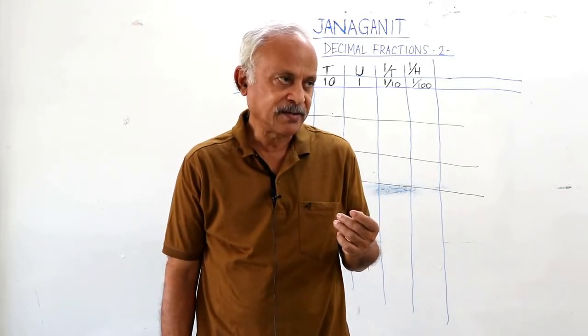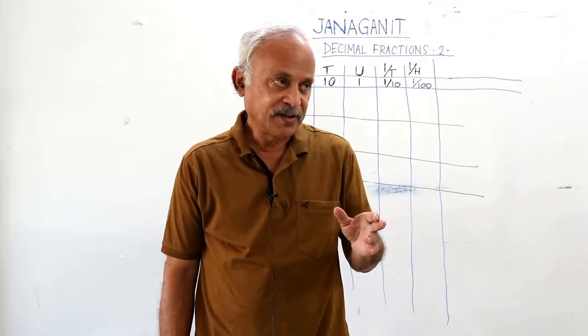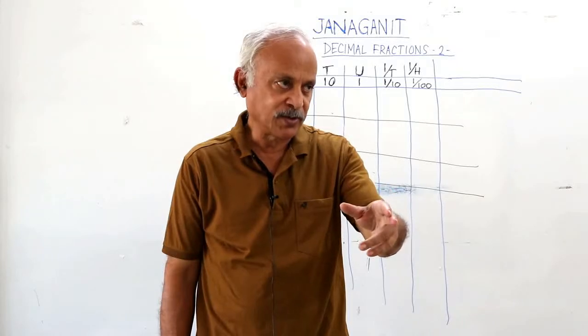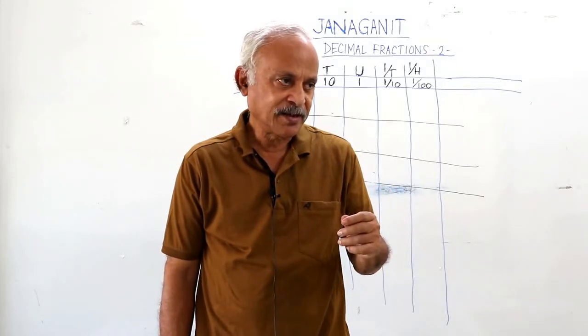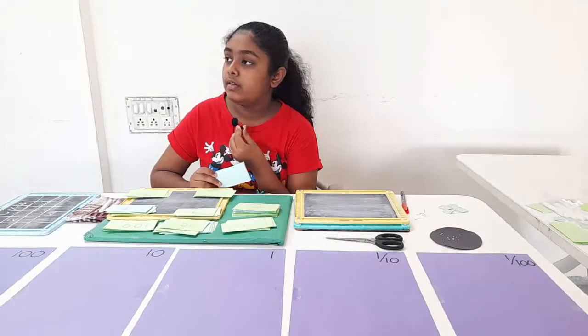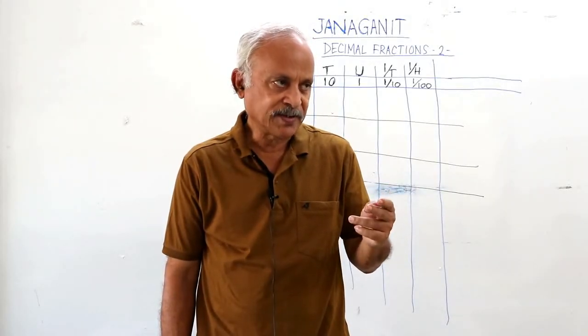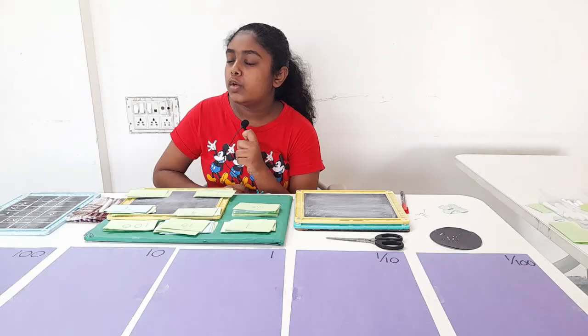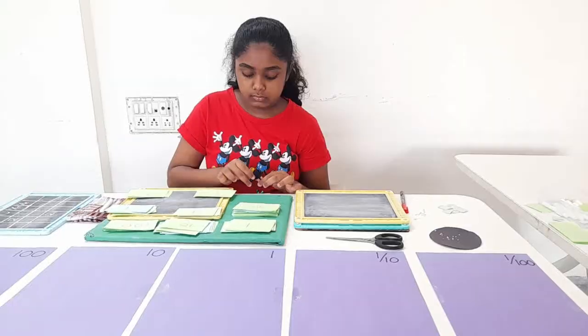So each one will get half. But I want to make half with the place value kit. So how can I make it? By taking 1 by 10s. So if I take 2 ones, how many 1 by 10s will you get? 20. 20. Very good. So take 20 1 by 10s.